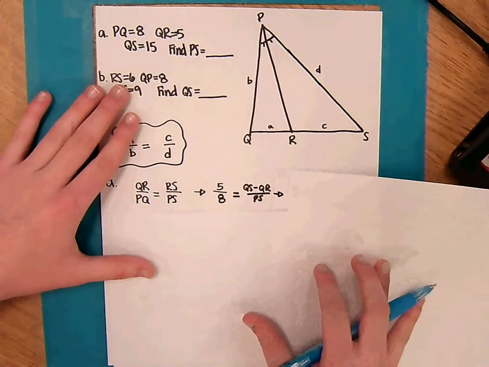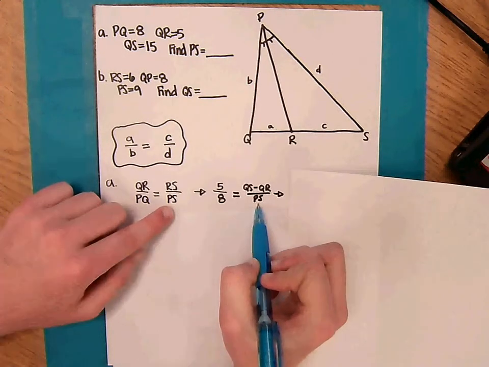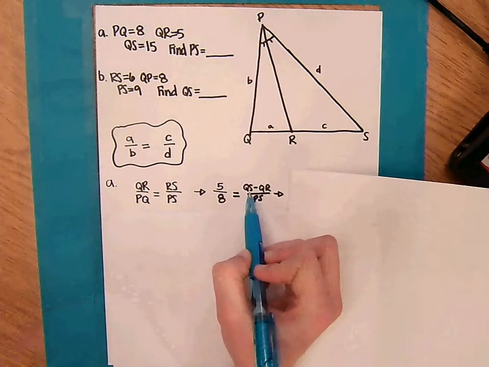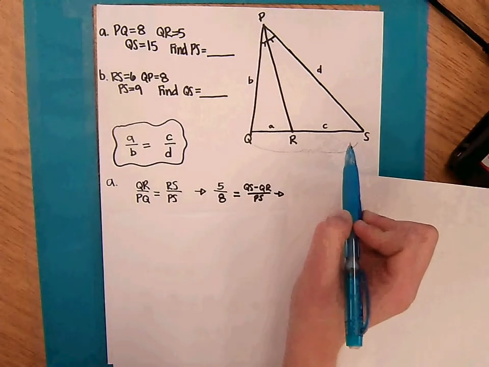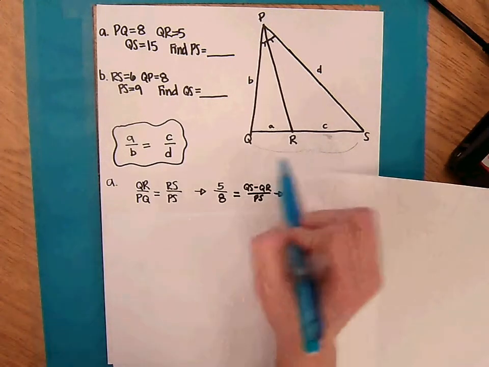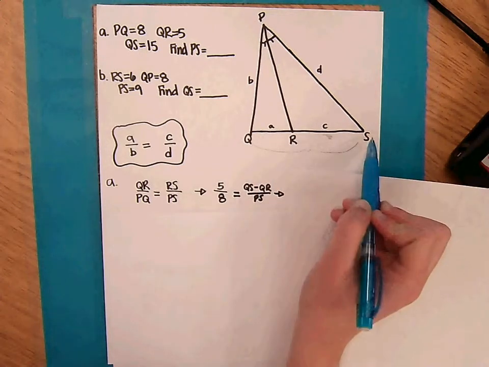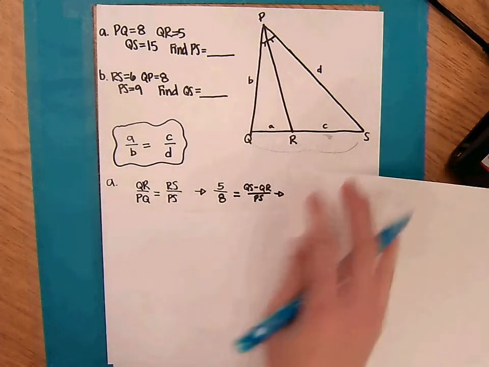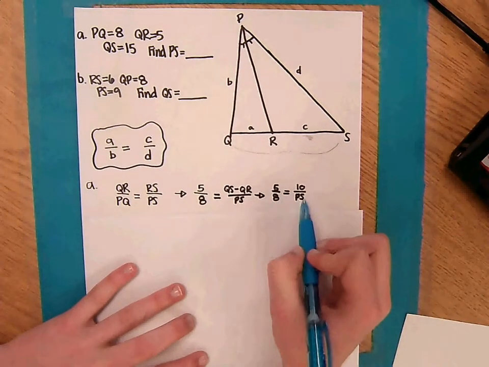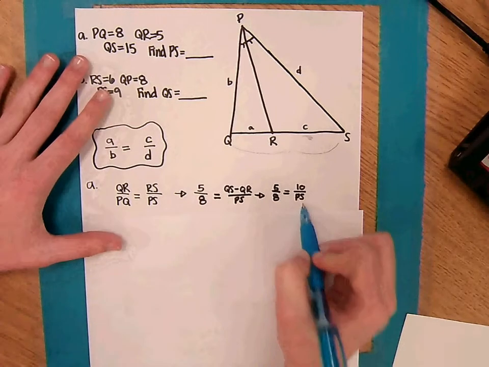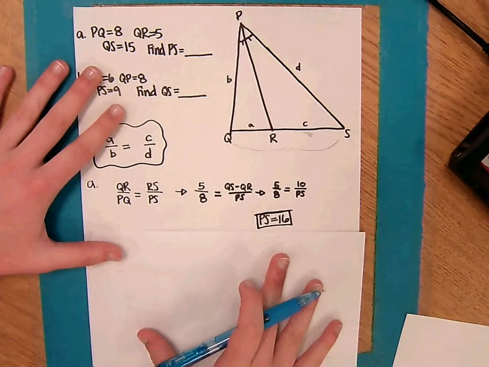QR is 5, PQ is 8, PS you're trying to find. The reason I got RS as QS minus QR is because QS is this whole thing, and RS is just this. So in order to get just RS, you have to subtract the part that you know from the whole thing. That gave me 5 over 8 equals 10 over the side PS. Then I just cross multiplied and divided, and I got PS equals 16.